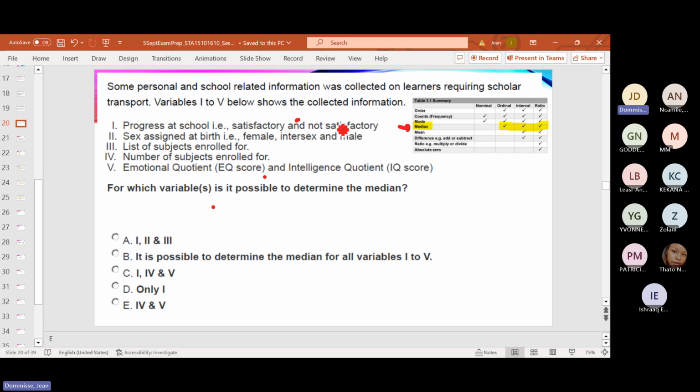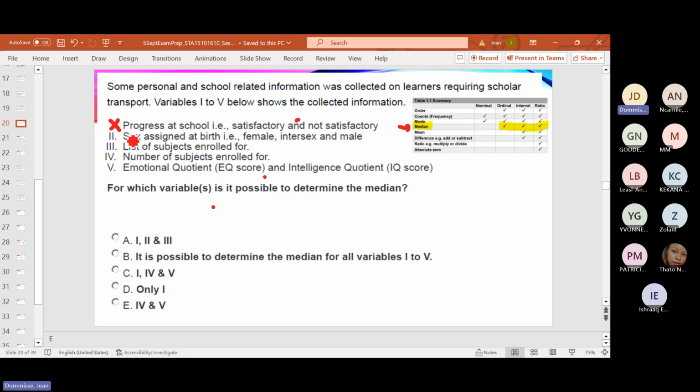Oh, sorry, it's not ordinal, it's nominal, so it's yes or no. Sorry, I misread that one. It is nominal because it's just yes or no. So there's no order in satisfaction. It's not that it's less satisfied to completely satisfied. So there's no order in option one. So it's just nominal. So we can't.